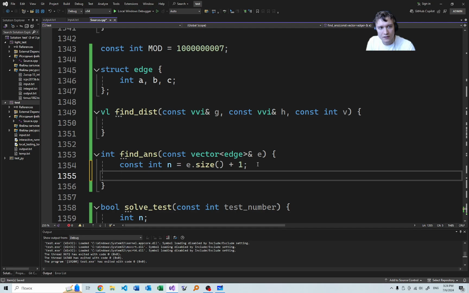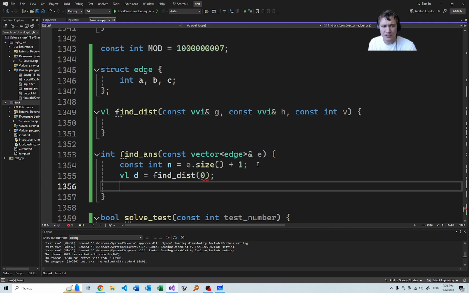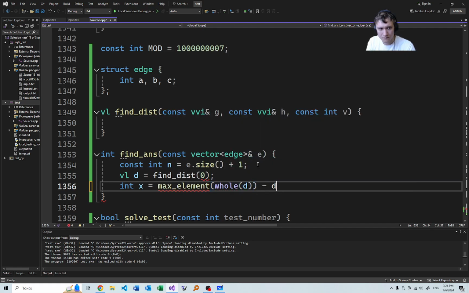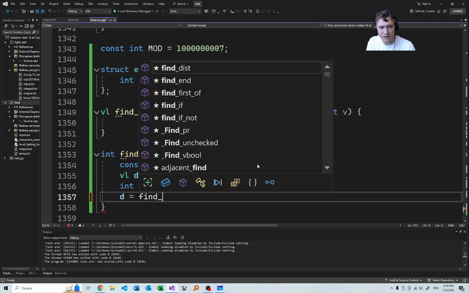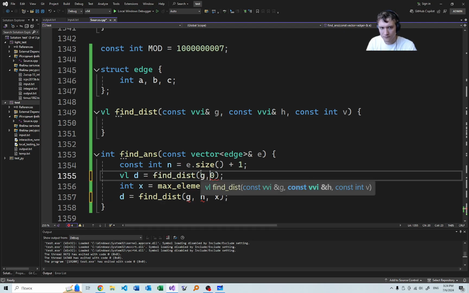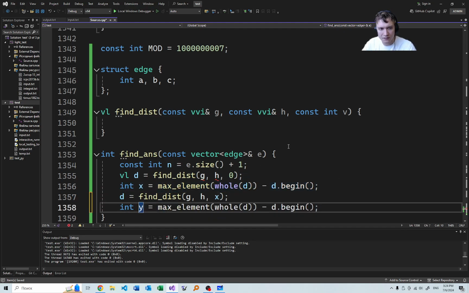So we say vld is find distance from 0. Then we need to take the maximum number in this array. And then we again need to find distance of that vertex. Then we need to find the max element in this array.